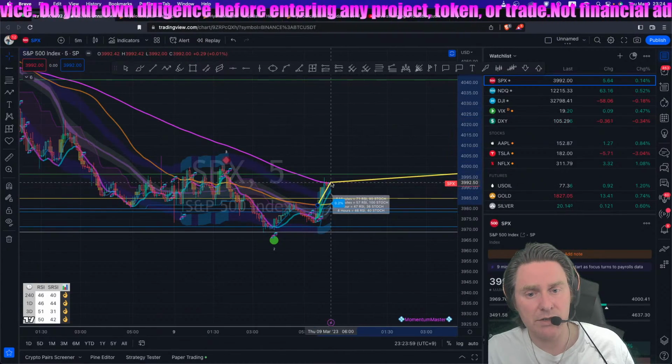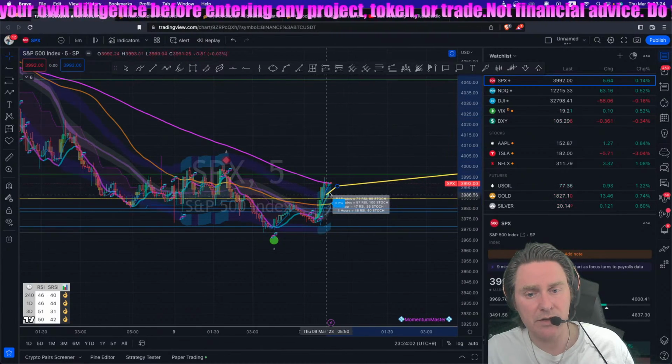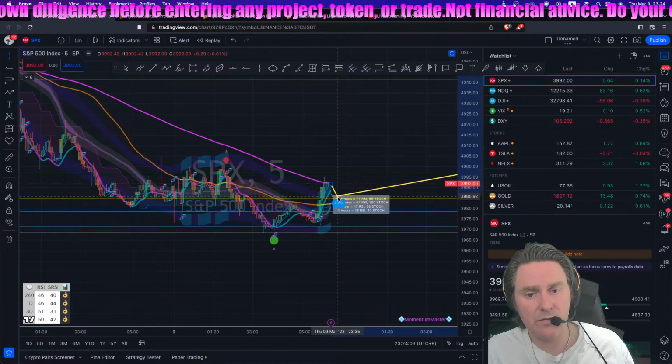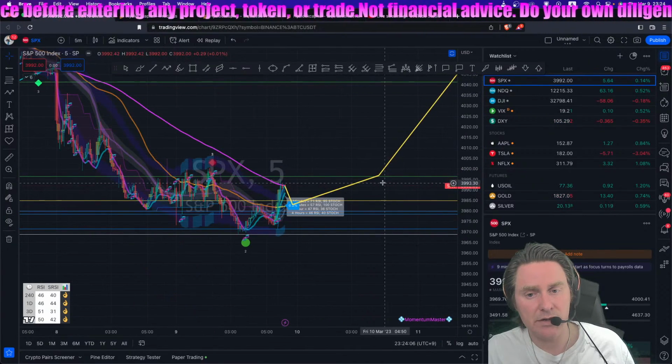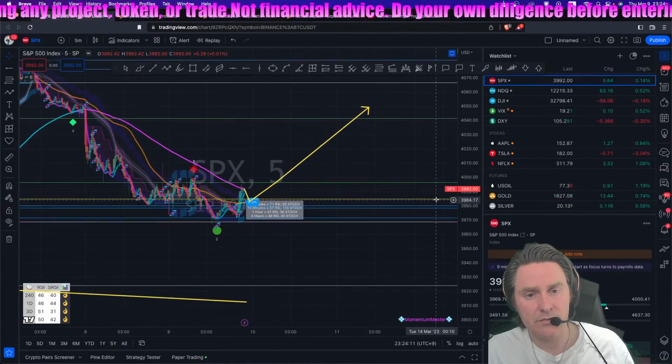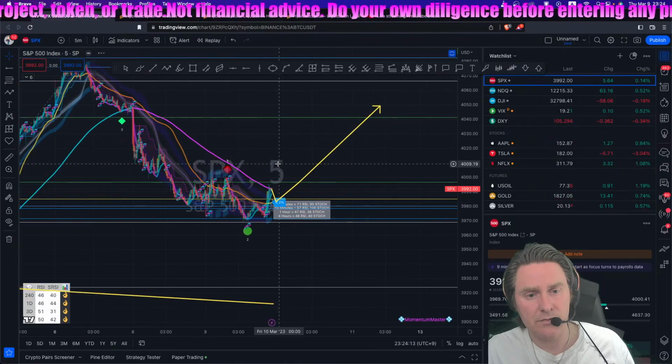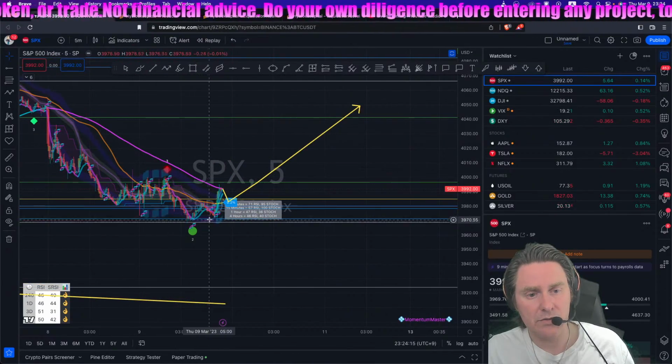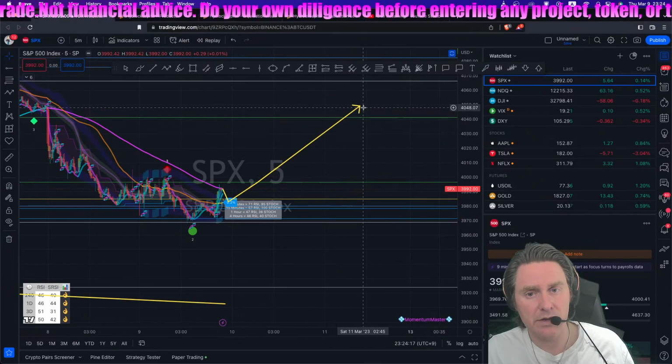Possibly getting that rejection off the adaptive to come down, to be precise about it, come down to there and then go up. And then that would be your shoulder, head, and shoulder out of there.